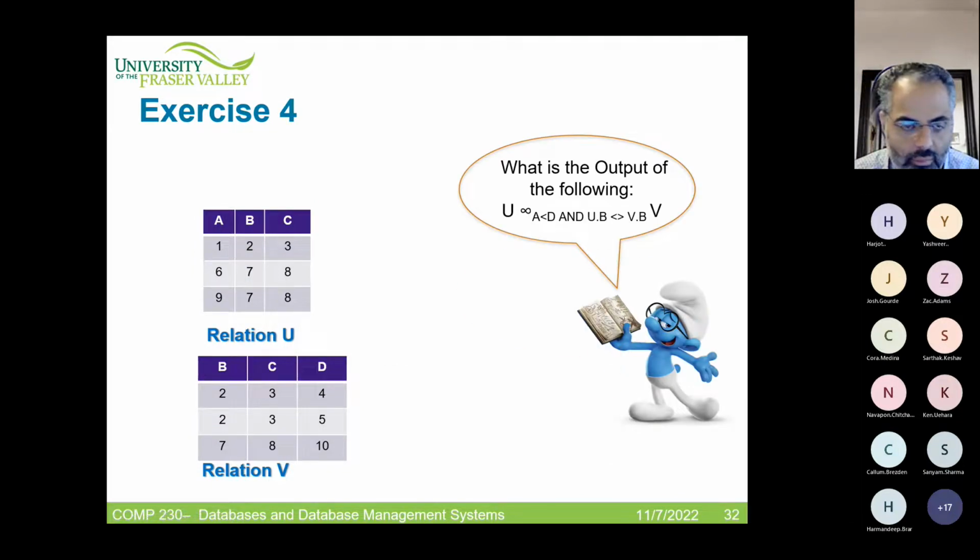Now we have an exercise for this theta join. What is the output of this? We now have two conditions: A less than D and U.B not equal V.B. This sign means not equal, not greater, not less, so not equal. So A less than D and UB not equal VB in this case.